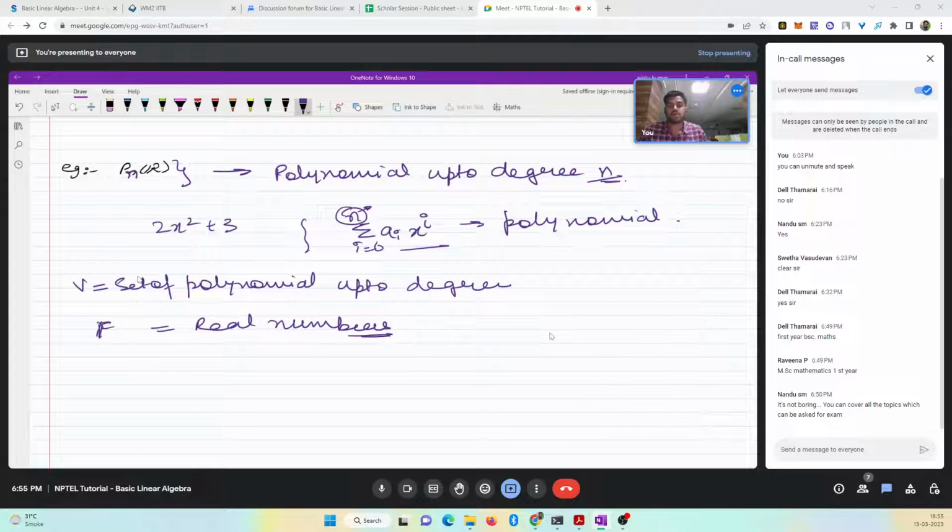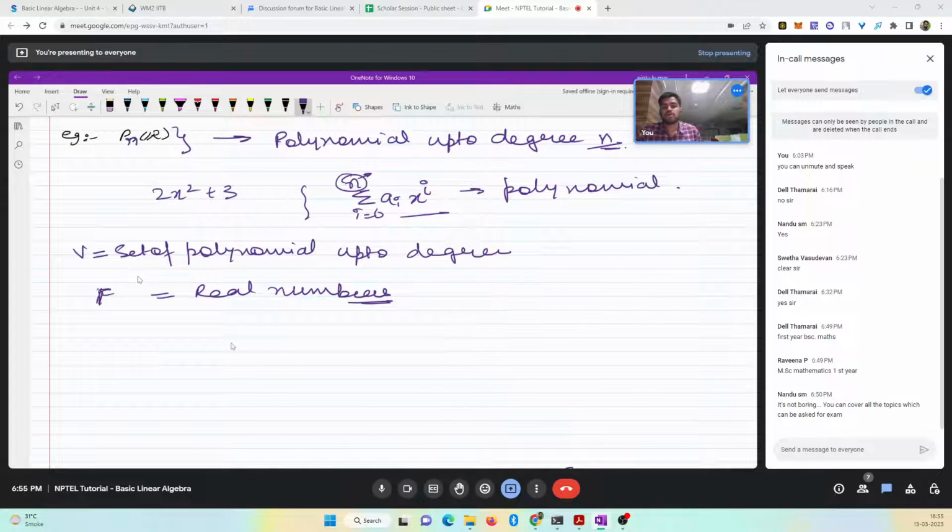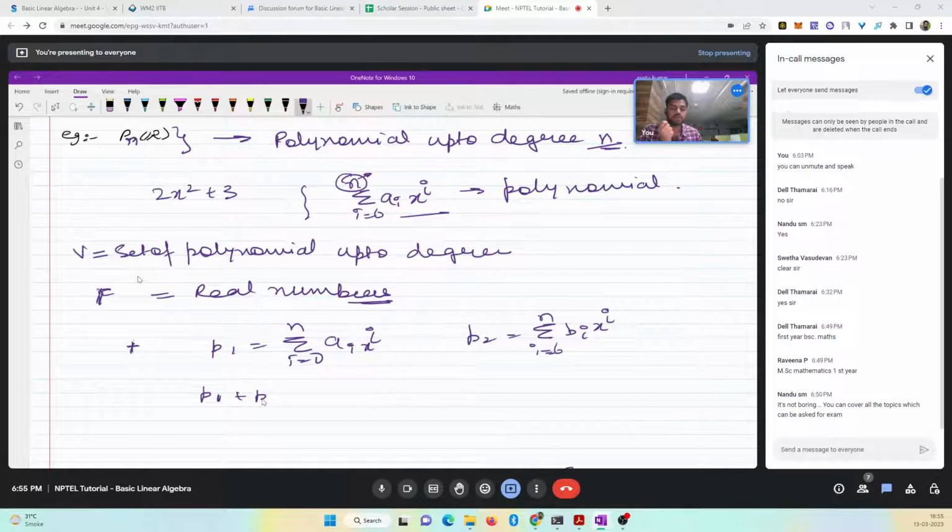Now we need to define two things over here. First is addition. Let's say my P1 is summation i equal to 0 to n of a_i x to the power i, and my P2 is summation i equal to 0 to n of b_i x to the power i. Then what is P1 plus P2?